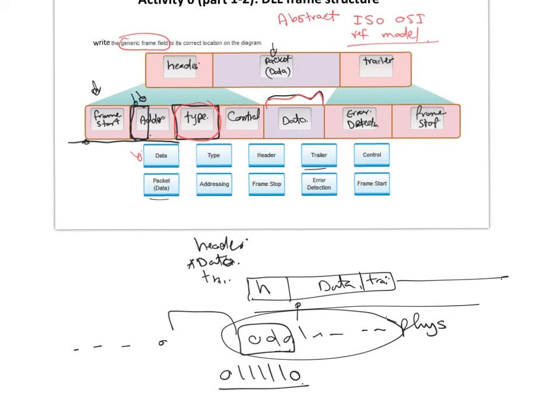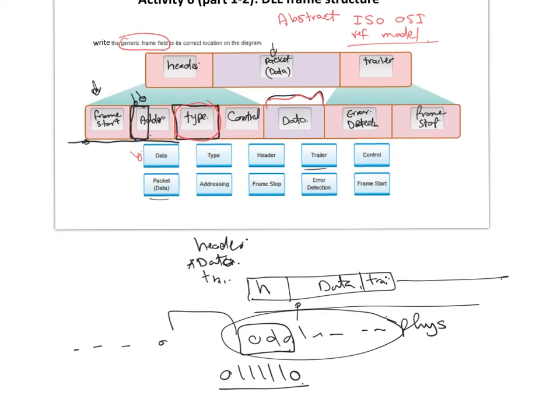Again, the ISO reference model does not define the details of how the error detection can be done, because that's a process that has certain details, and it can be done in different ways. So the ISO reference model does not define these details as part of the abstract definition.